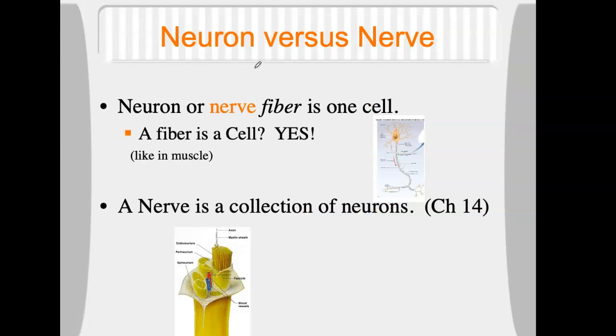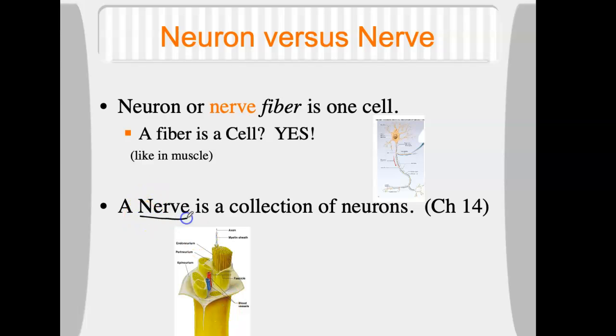So let me show you more in the definition here. A neuron or a nerve fiber, we can say nerve fiber, and still we mean one cell only. It's one cell. So in a picture, you drew this in your tissues. You have this cell body, you have this long axon, and you have dendrites. That is one neuron. Now, this big yellow guy here, this is a nerve.